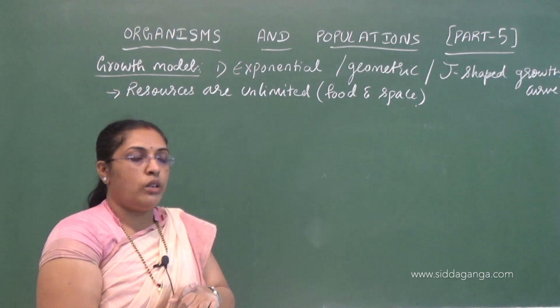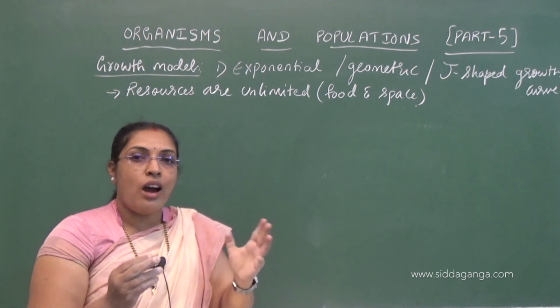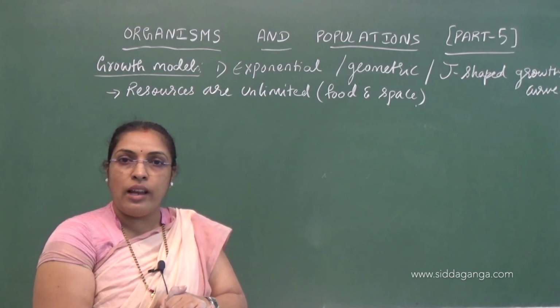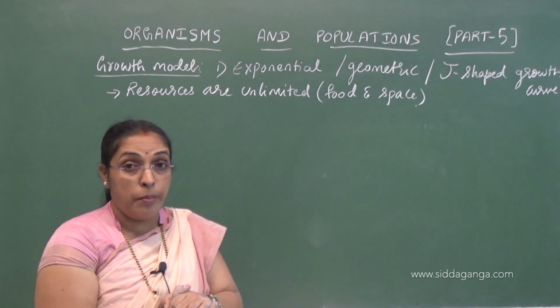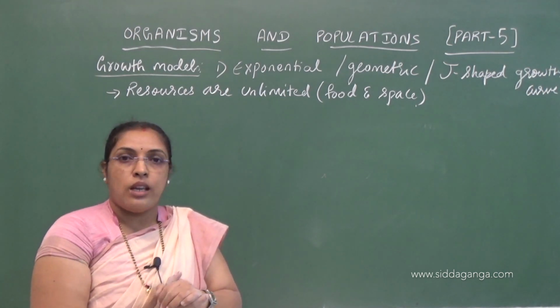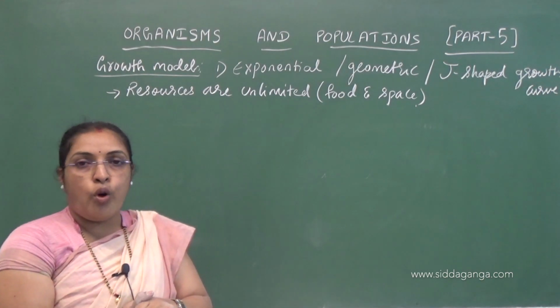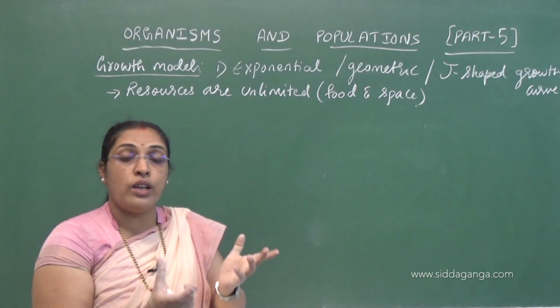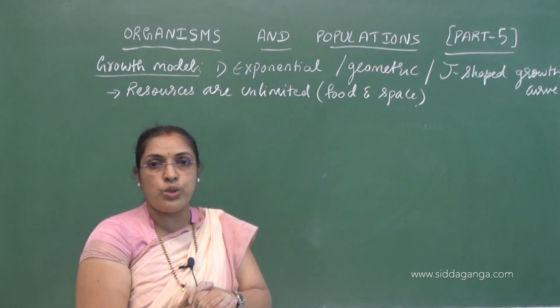Darwin said that even large animals like elephants will increase in number when food is more available, space is more, and if there are no predators. Understood?